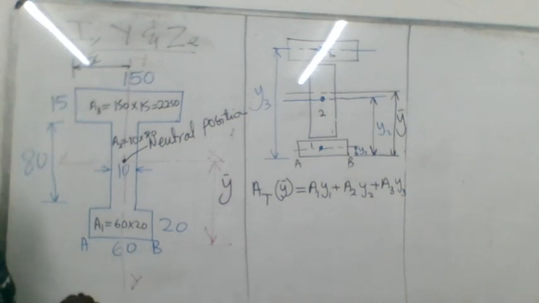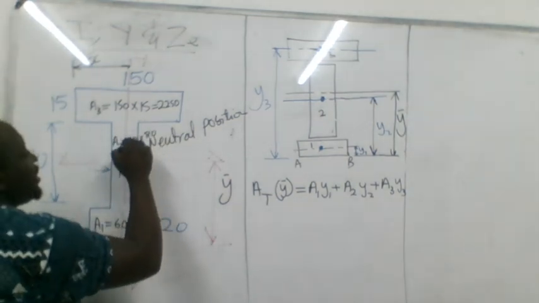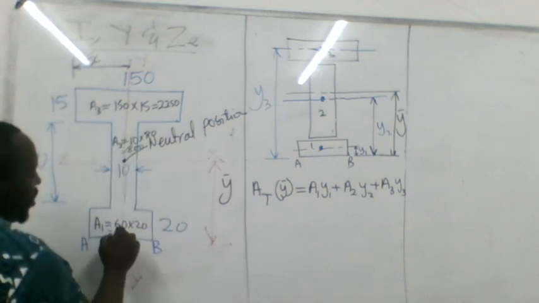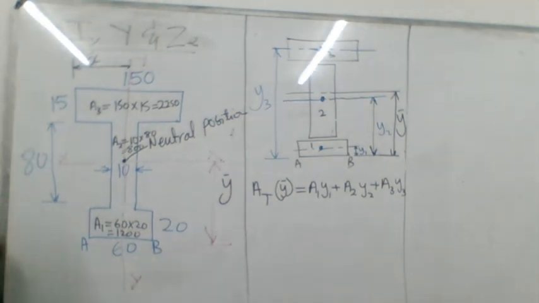Then this one is 800. This one is 1200. So you add the total area. Area total is equal to 2250 plus 800 plus 1200. So this and this gives you 2000. So your answer is 4250 total.